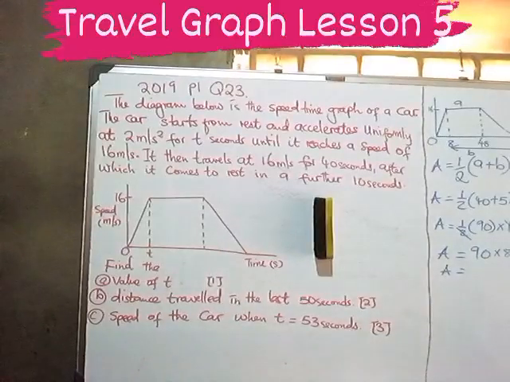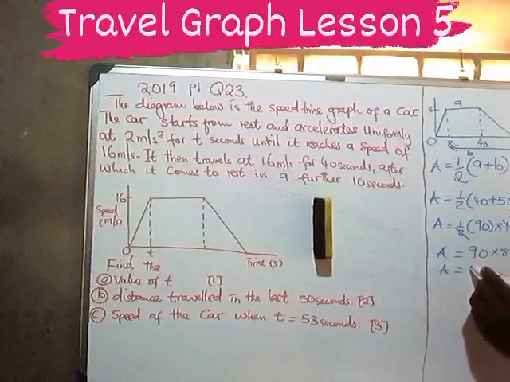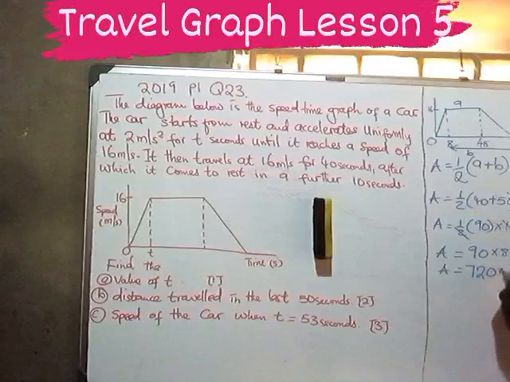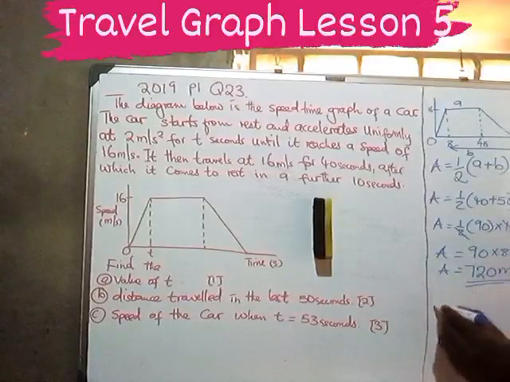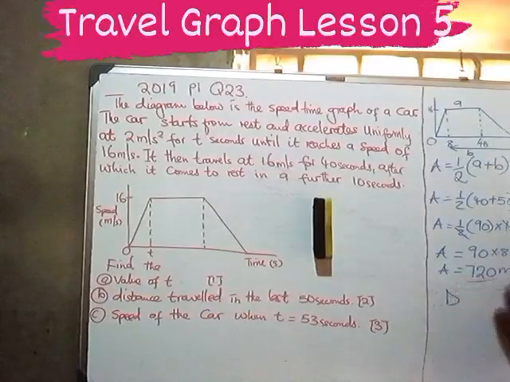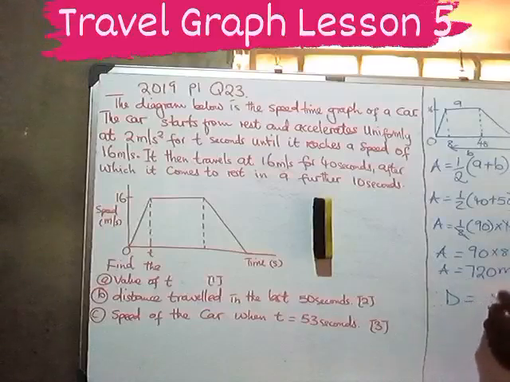What is 90 multiplied by 8? The answer will be 720 meters. So therefore the distance covered in the last 50 seconds is 720 meters.